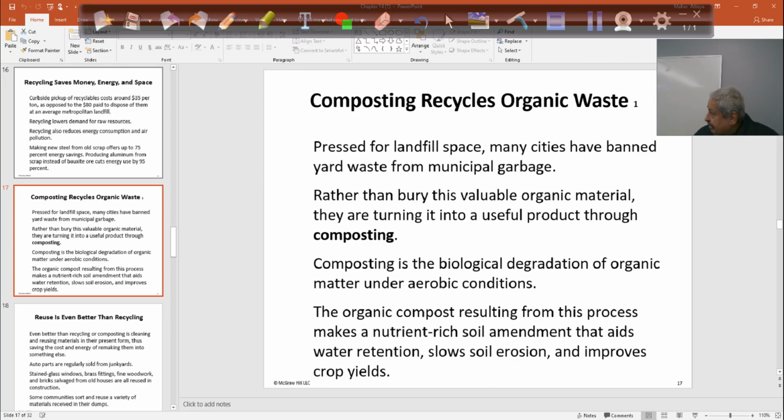So some bacteria will feed on it. The bacteria will come and feed themselves on this waste. Correct? The organic compost resulting from this process makes a nutrient-rich soil amendment that aids water retention, slows soil erosion, and improves crop yields.